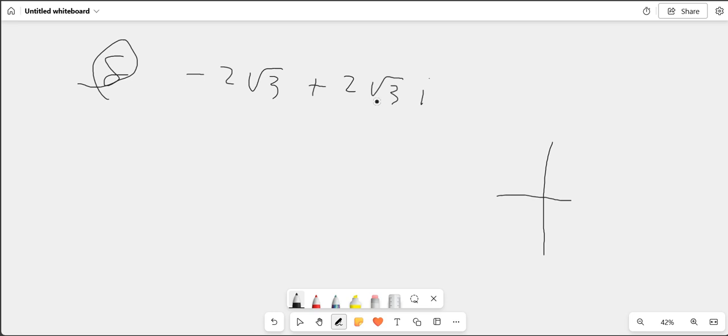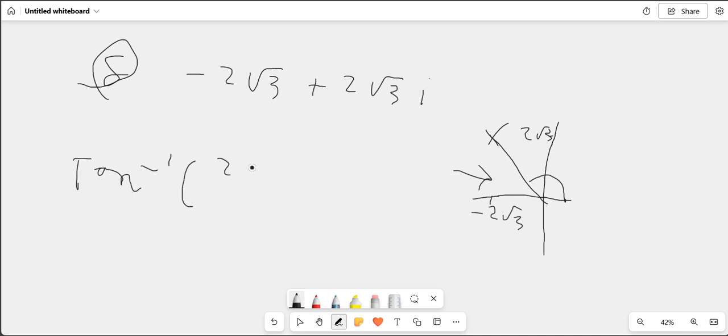So negative horizontal, positive y is going to be pi minus. You already know this, but if you want to write it out, you can. So negative 2 root 3, and then positive 2 root 3. So you want to find this angle, so it's going to be pi minus this angle here. To find this angle, obviously tan inverse of 2 root 3 over 2 root 3.